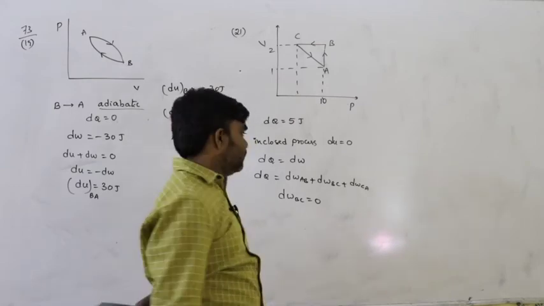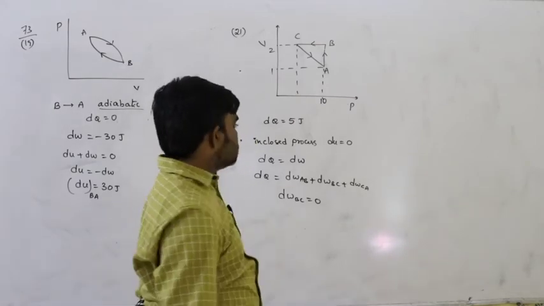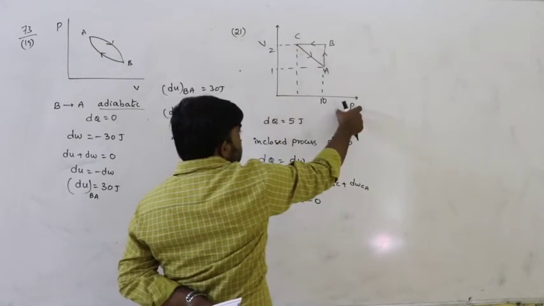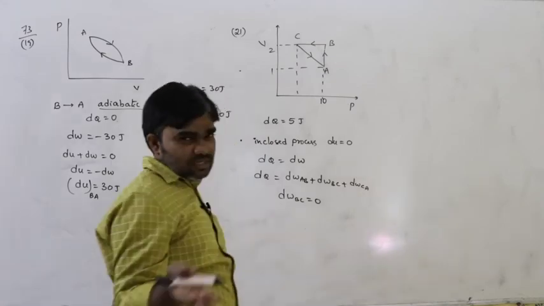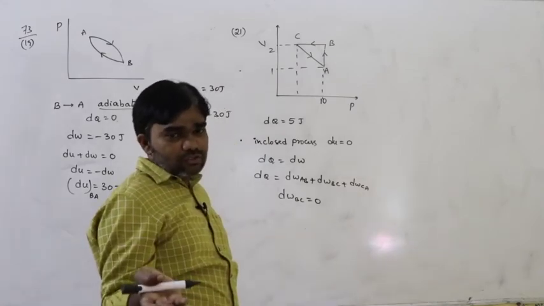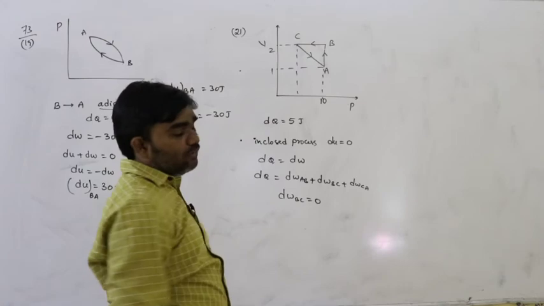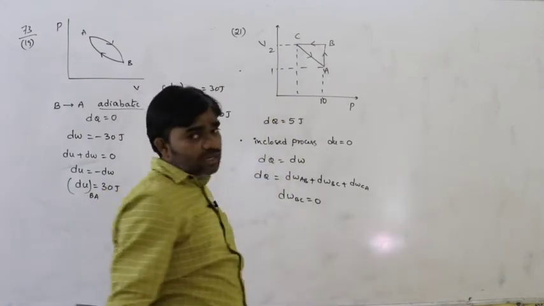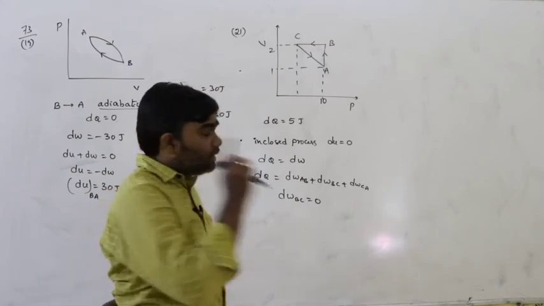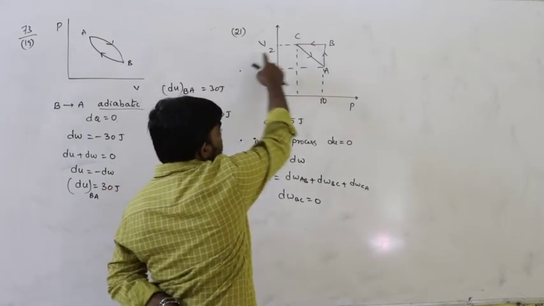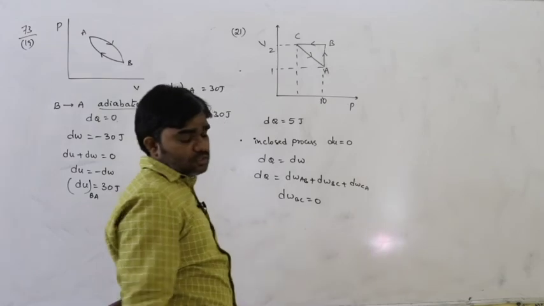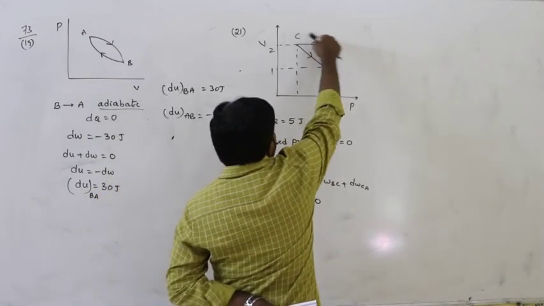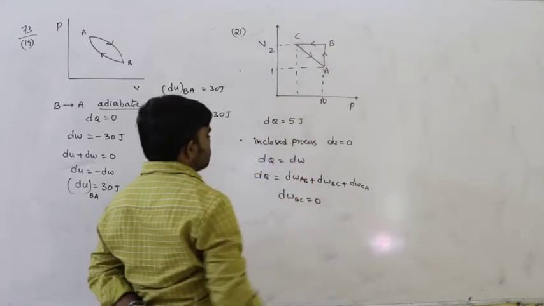Here volume is taken along the y-axis and pressure along the x-axis, just to confuse you. Generally we think pressure is along the y-axis and volume along the x-axis, but the given condition is the reverse. So from B to C volume remains constant, that's why work done is 0.